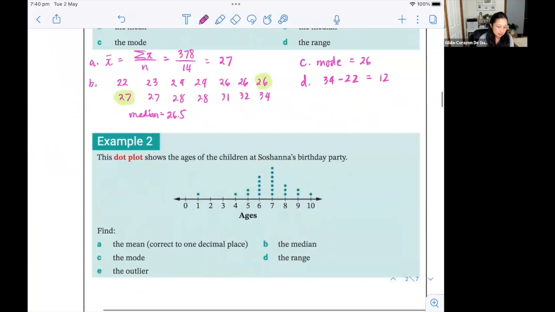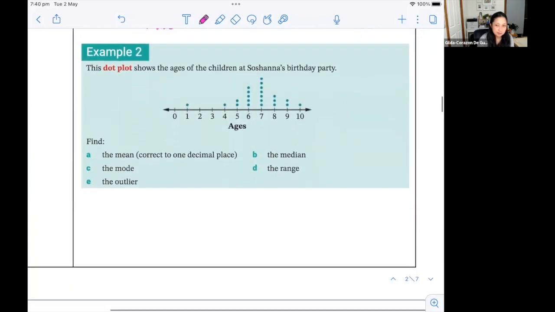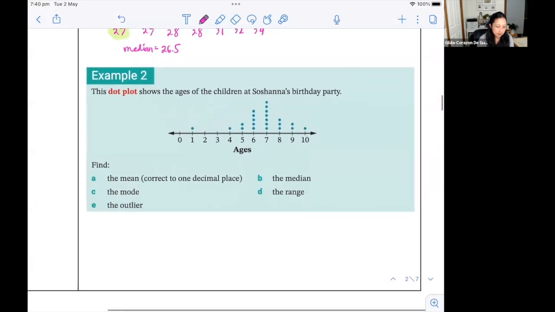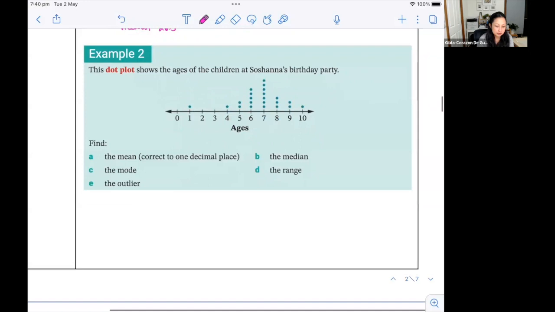Okay, next, this is something new that we learned. We would want to figure out the mean, median, mode, range, and if there is an outlier, from this dot plot here. Let's do the first one, the mean. What does this dot plot mean? We said that each dot represents one of the children there.